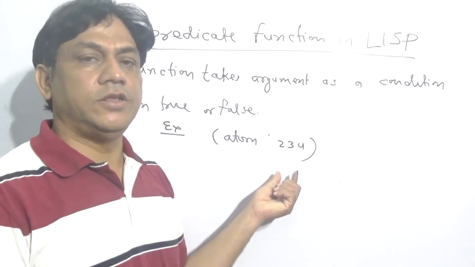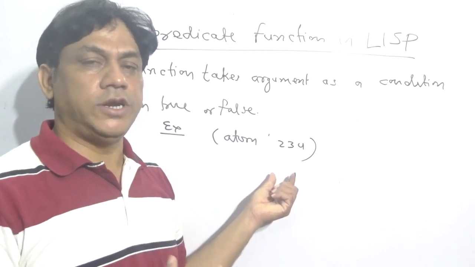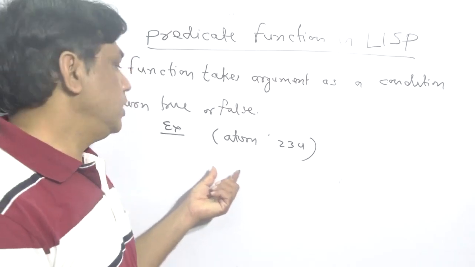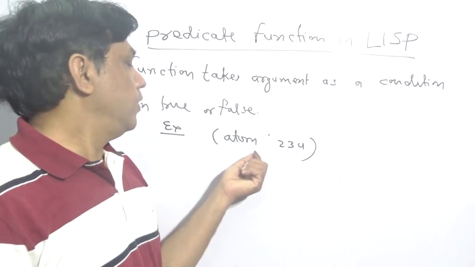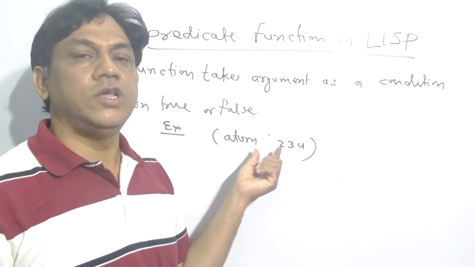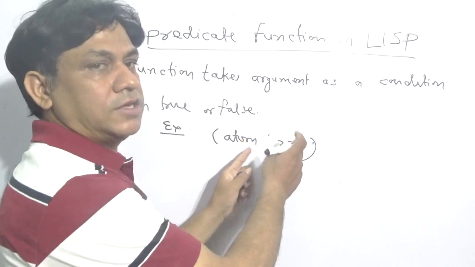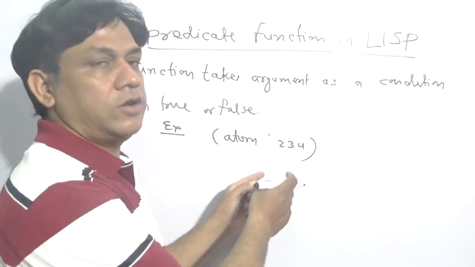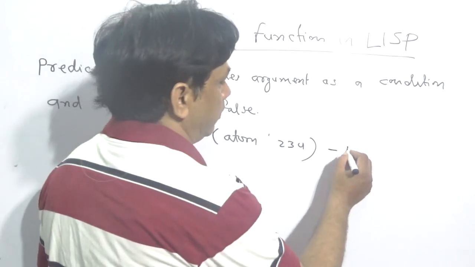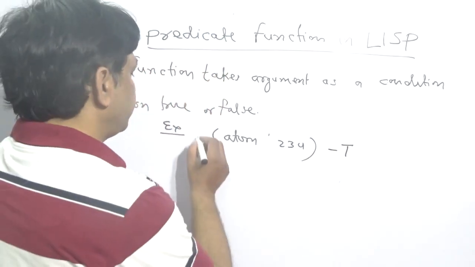I have made a video on what atoms are, so if you want detail on atoms, watch that video. For right now, I am checking whether 2, 3, 4 is an atom. Since the parentheses are not on both sides and the double quotes are not on both sides, it is an atom, so it will return true. This is one of the predicate functions.